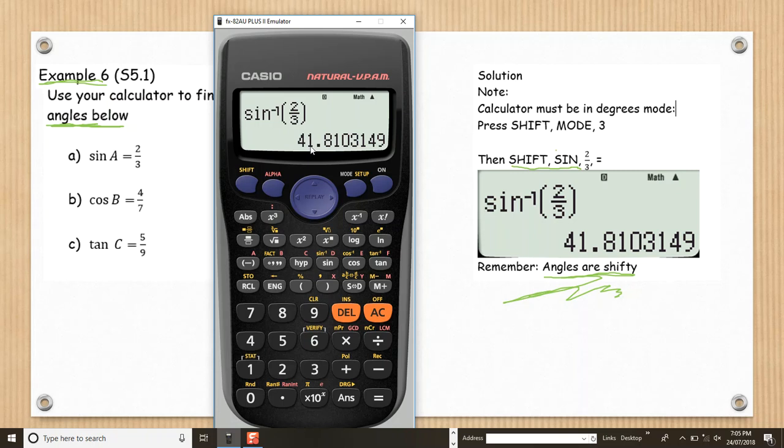When we round this, it'll be 42 degrees if we go to the nearest degree. The next one, cos b equals 4/7. Angles are shifty, so shift cos 4/7. So we get 55 degrees.